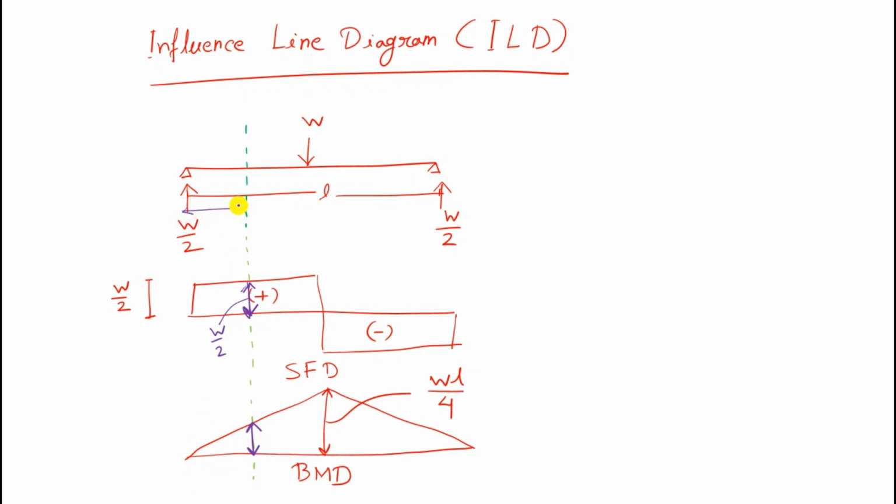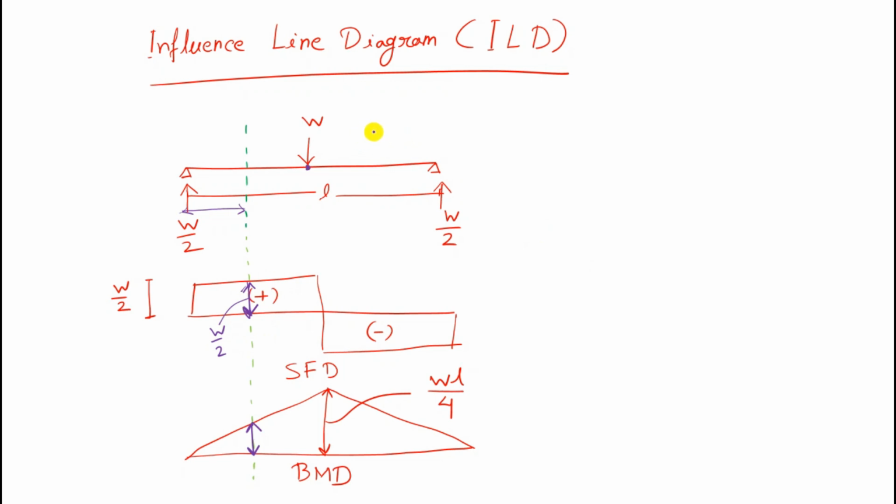Once you know the distance from any end point, you can easily calculate. So you can see our load position is fixed. This is the point of application of load, and I draw one section and I can get the bending moment value or shear force value from this diagram.